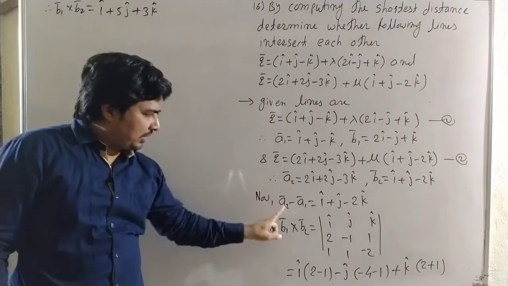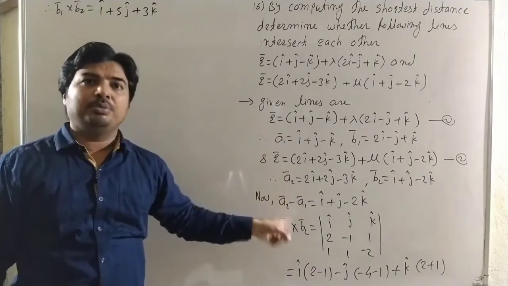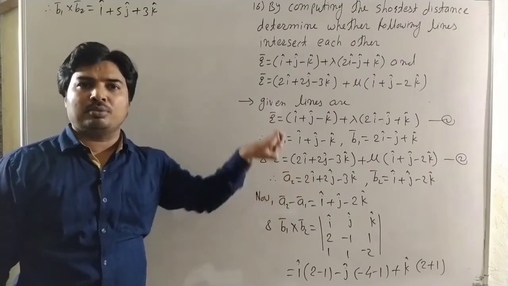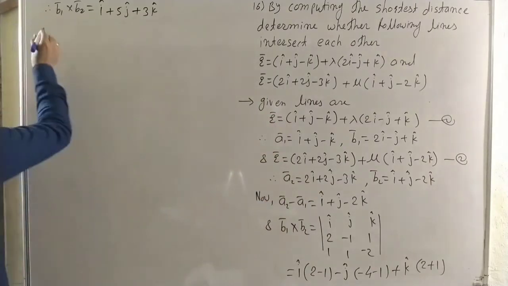We want to find a2 bar minus a1 bar dot b1 cross b2, and the magnitude of b1 cross b2.